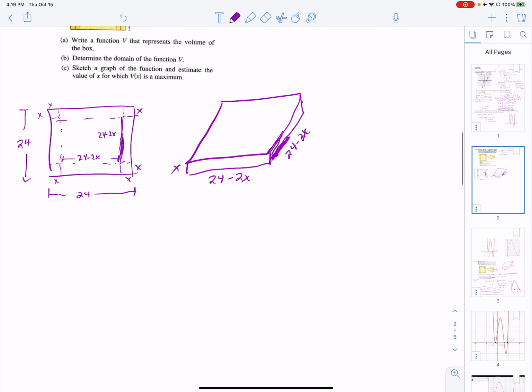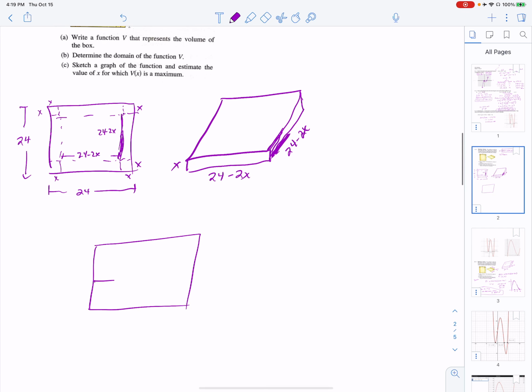Now, in part B, the domain is kind of interesting, because if you take that box and you start taking bigger chunks of x out from both sides, then this length of x that you're cutting out is getting to the point where it would almost meet up.